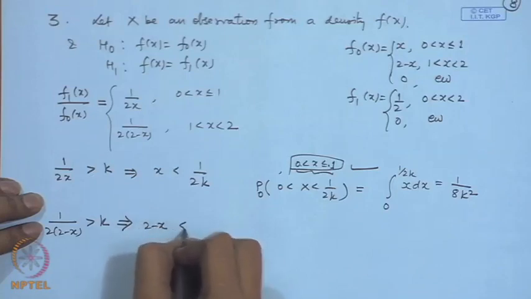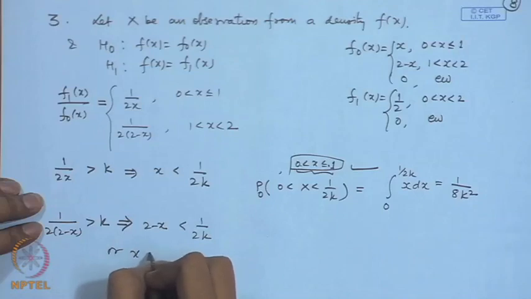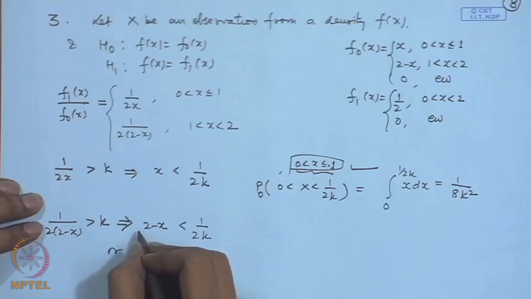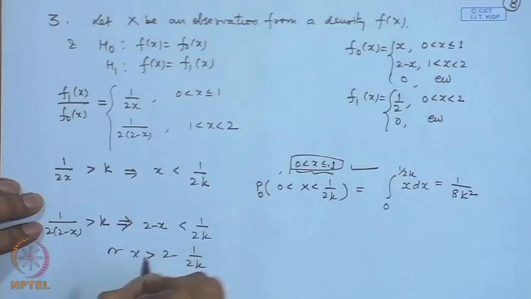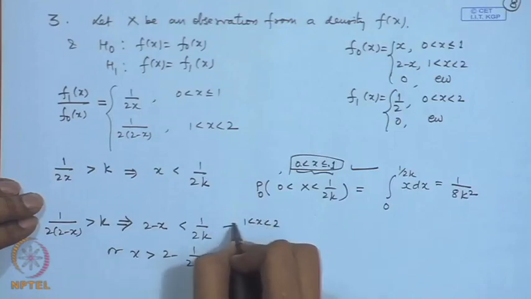If we consider 1/(2(2 − x)) > k, then this is equivalent to 2 − x < 1/(2k), or x > 2 − 1/(2k). Now, this part is for 1 < x < 2.